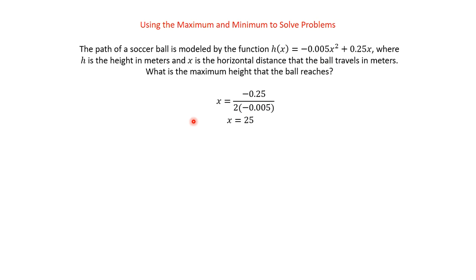That's not the maximum height. That tells us that it reaches the maximum height after it's gone 25 meters. To find the maximum height, we just need to plug this into the equation. H of 25 equals negative 0.005 times 25 squared plus 0.25 times 25. 25 squared is 625, which means that 0.25 times 25 will be 6.25.